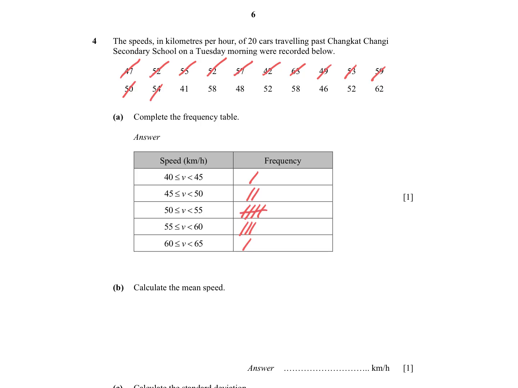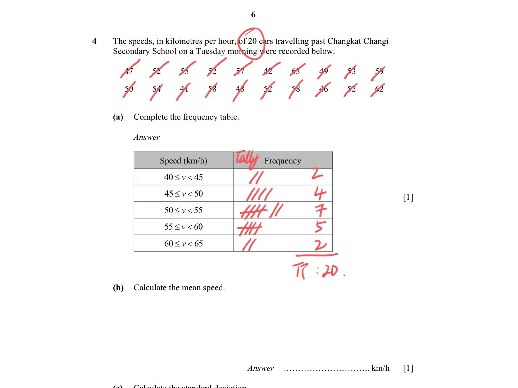Every 5 is a bundle. 48 is here, 52 is here, 58. 46, 52 and 62. So this is 2, 4, 7, 5, 2. To double check, you add the total, make sure it reflects this. So 6, 13, yeah, correct, it's 20. So you know you must be right.